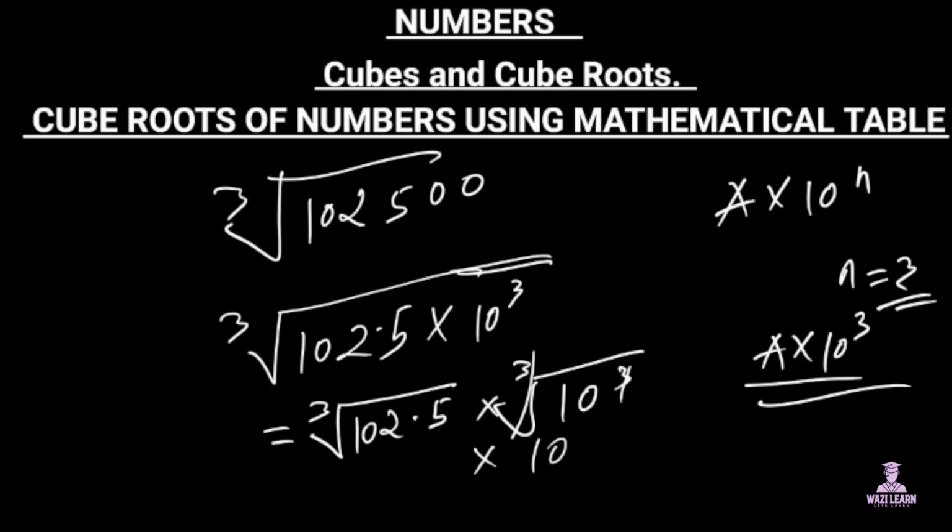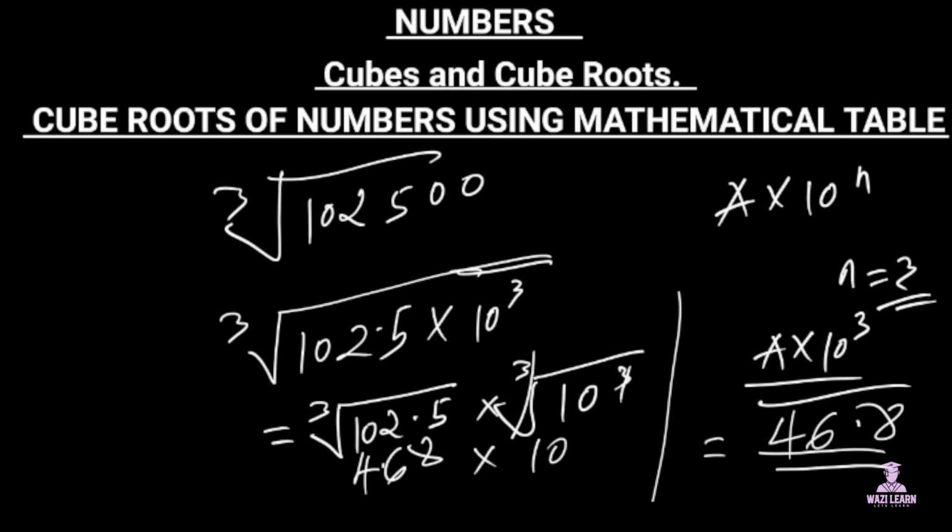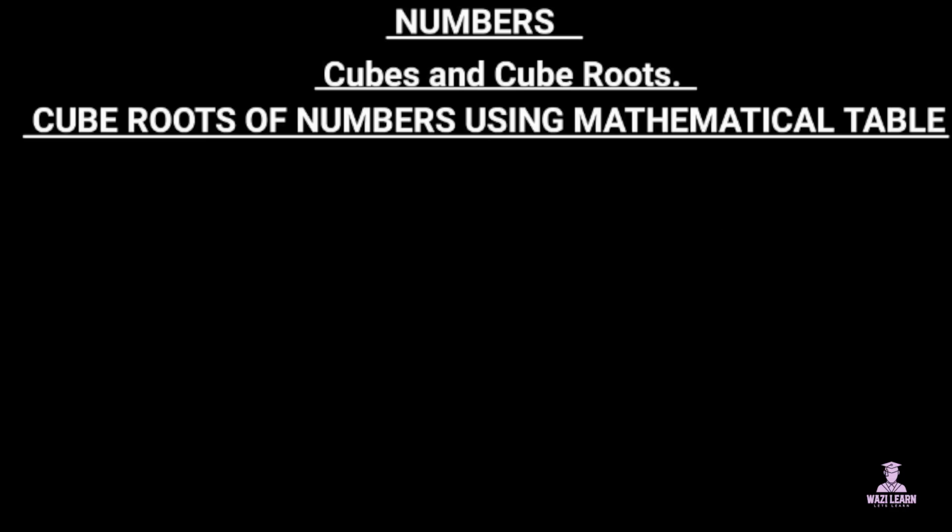So at 4.68, you see that it is 102.5. So it will be 4.68. Multiply by 10, and you'll get your answer to be 46.8. So that one is the cube root of 102,500.